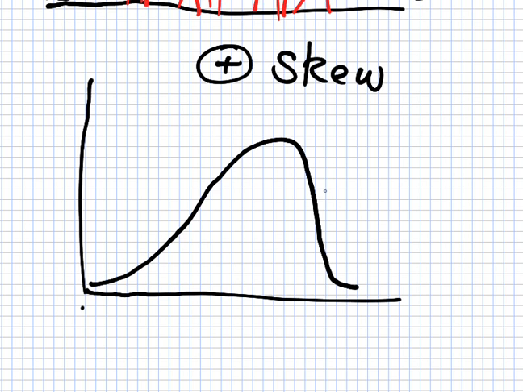So you can see that positive skewness if it has a fat tail on the left, or another way of saying it is a long tail on the left, and it's quite steep here at the right.